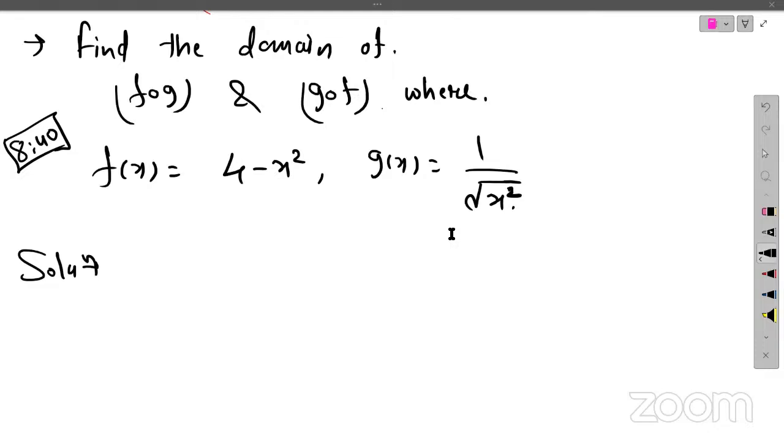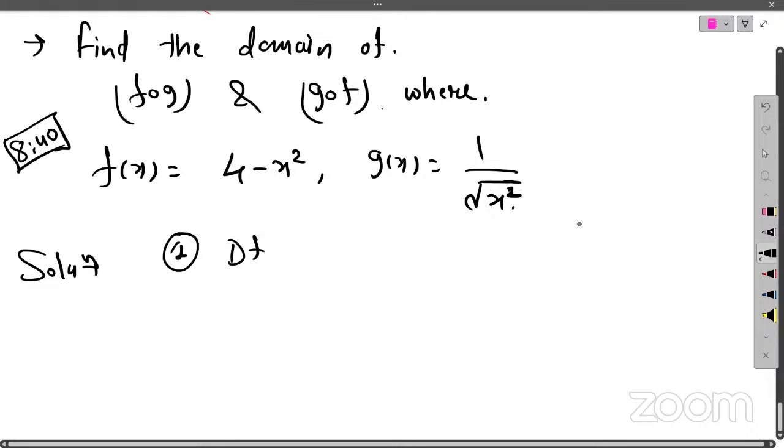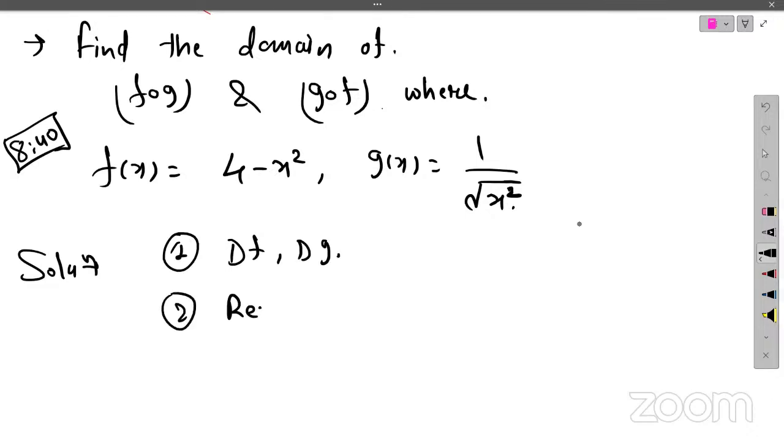Ma'am, will you tell the process again? After finding the domain of f of x and g of x, what should we do then? After finding the domain of f and g, what should you do? There are two steps. First, find the domain of f and the domain of g, and the second is you have to remove. And this is for f composite g.